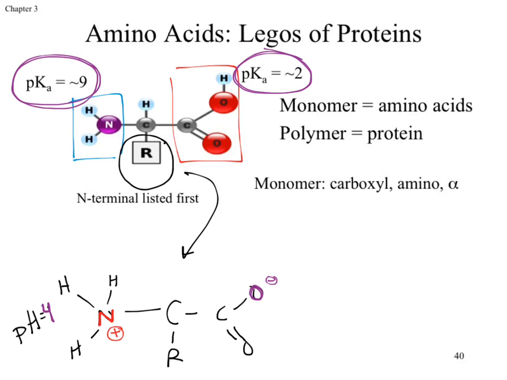For the most part, regardless of what the R group is, the pKa of the acid sits at 2. Okay? So as long as you remember that those two are 9 and 2, now the only thing you have to really memorize when you look at your different amino acids is what is the pKa of the R group. Okay? I know we aren't there yet, but that's kind of your end goal on that.